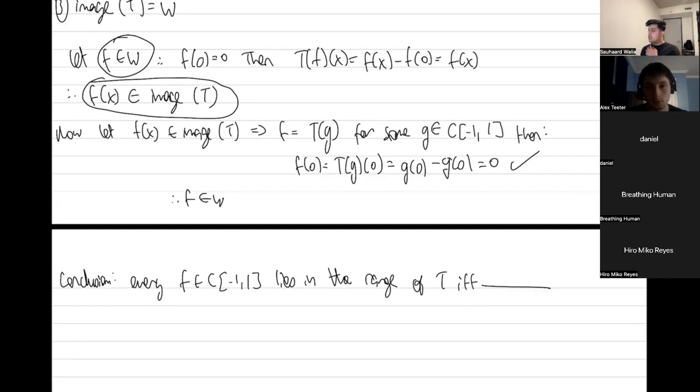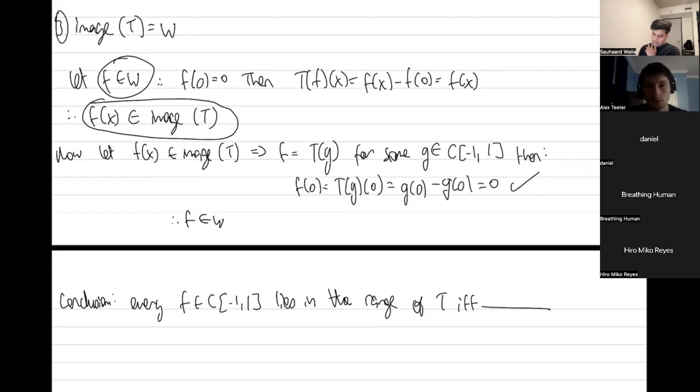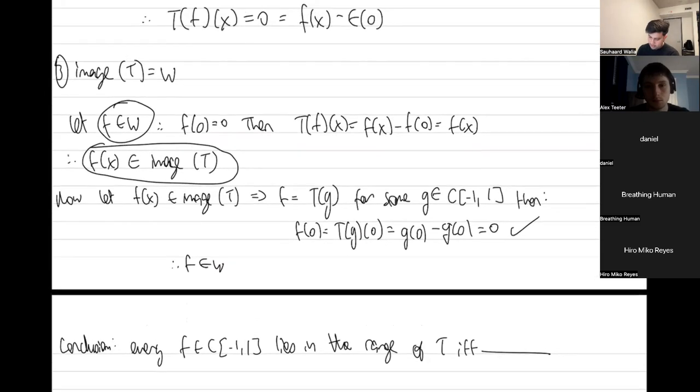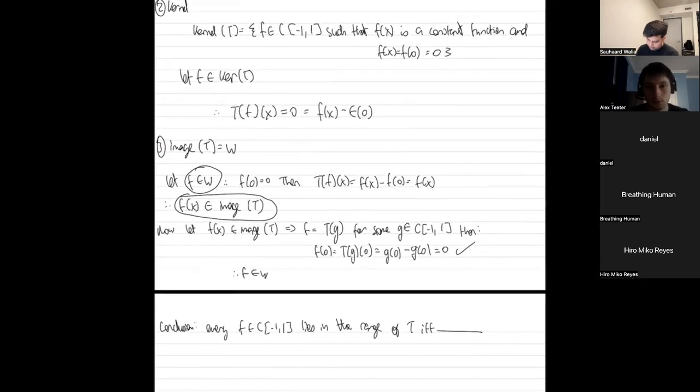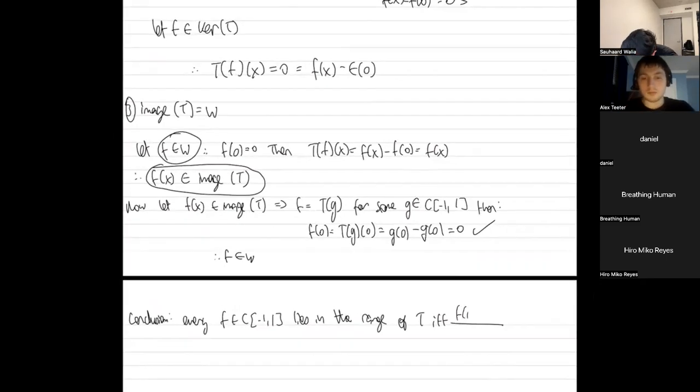What condition must be true for every continuous function from -1 to 1 to be in the range? What do I write there? f(0) equals 0, and then f is in this range. Say the first part again. f(0) is equal to 0. Perfect. That's all we need. And that's it. That's all we need to know for that proof.